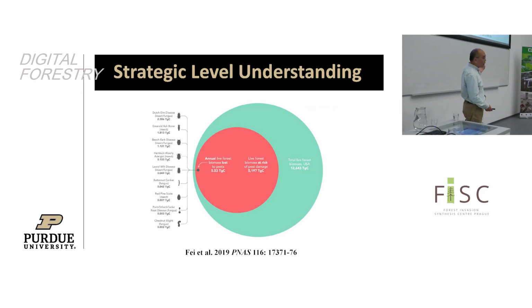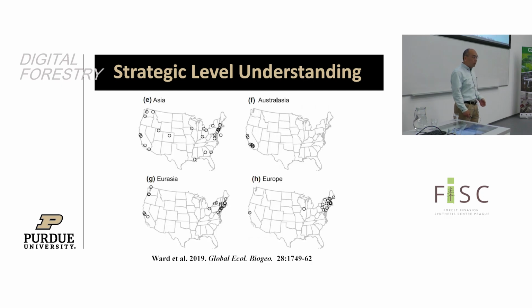The potential number of hosts that are available and could be damaged is about half of them under threat. So if there's an outbreak, like Thomas was saying a little bit earlier about there being more outbreaks of insects, there might be way more of these potential impacts. We're also trying to gain some understanding, and I'm only giving one example here, about where all this is coming from.